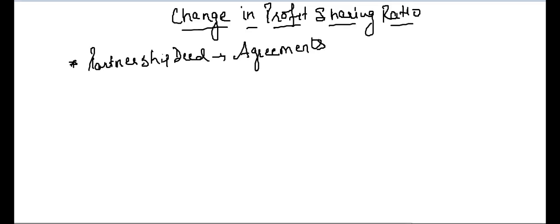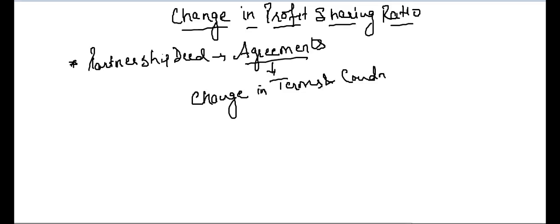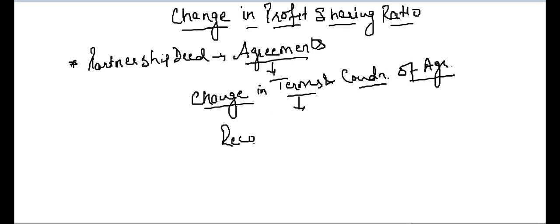Now, if there is any change in the terms and conditions of the agreement, that is the partnership deed, then this is known as reconstitution of firm.